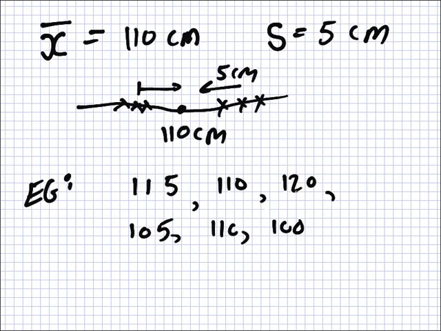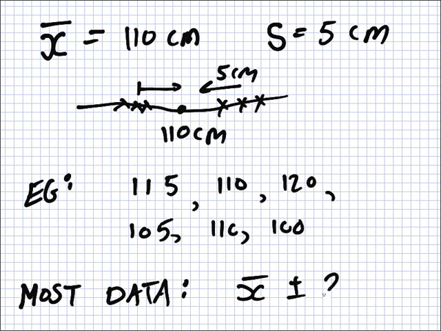One useful thing about standard deviation is, for most data, most of the time, you'll be no more than 2 standard deviations away. So I can quite confidently say most of the time I'll have the average plus or minus 2 standard deviations.